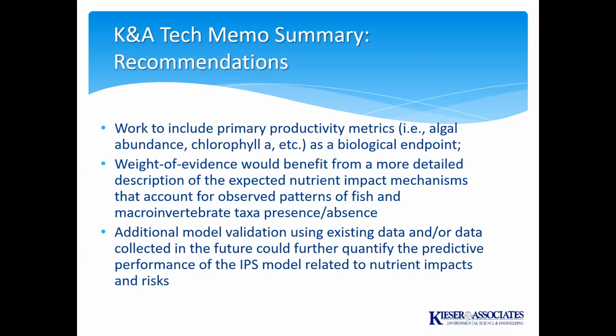What community structure changes, what species changes are expected when nutrient concentrations go up and down, and what are the mechanisms that are relevant to individual taxon or groups of taxa.